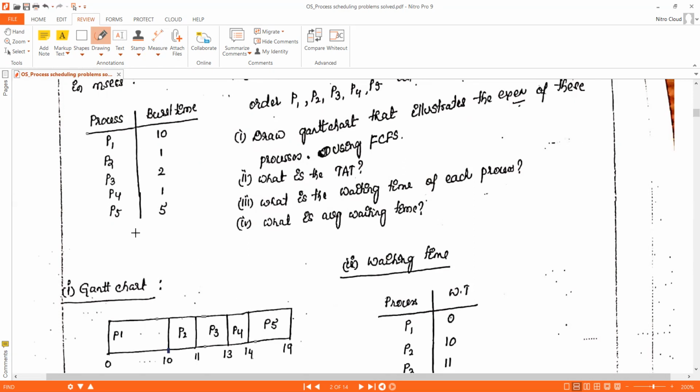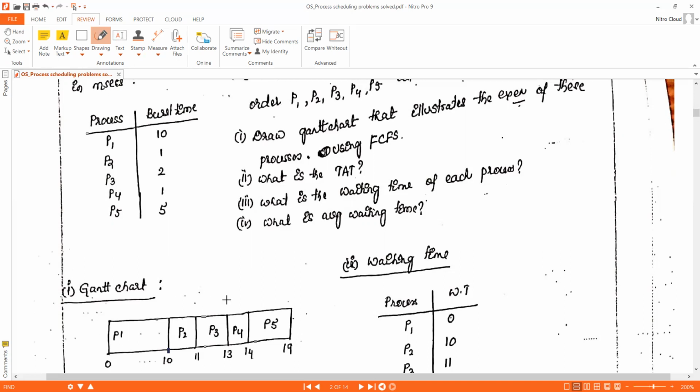At 14 milliseconds, the CPU becomes free again. Now we have another process in the ready queue, that is P5. P5's burst time is 5 milliseconds. P5 will get the CPU at clock time 14 milliseconds, plus its burst time of 5, 14 plus 5 is 19 milliseconds. Process 5 will complete its execution.